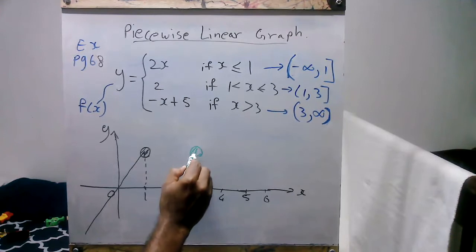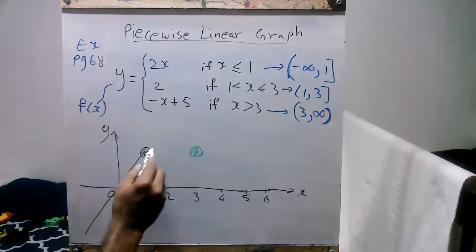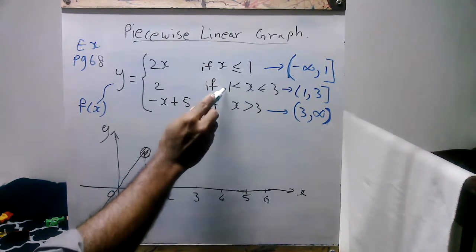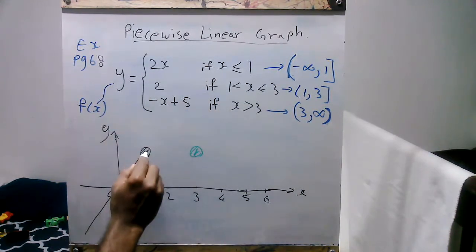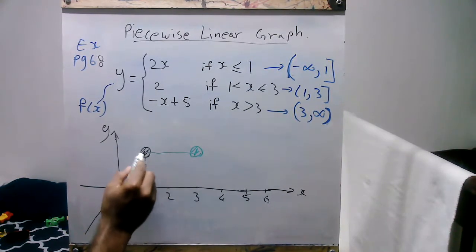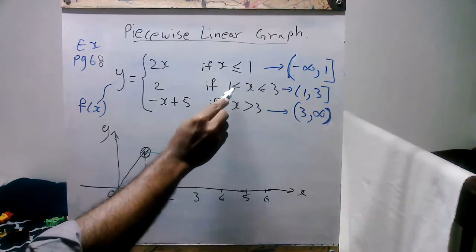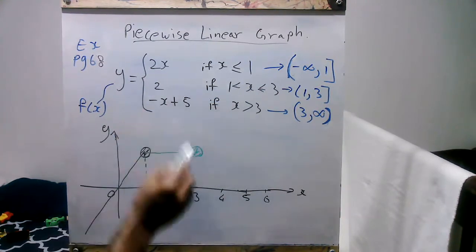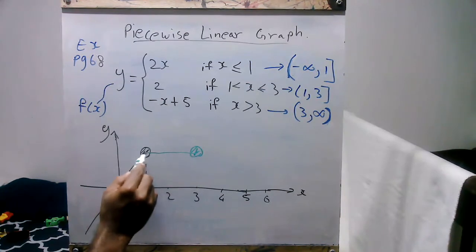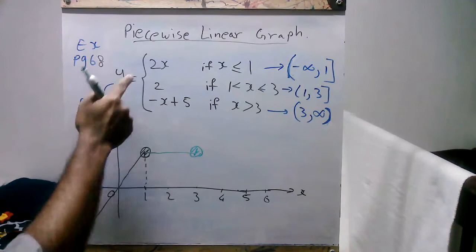Here that point is included in the second part. So when x equals 1, it's still 2, therefore we continue from here to there. You shouldn't color this in green, because it's 1 less than only, no equal, therefore you should not shade this in green. This is already shaded in black.